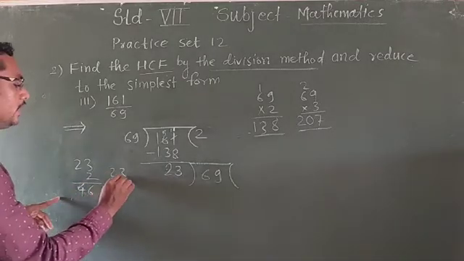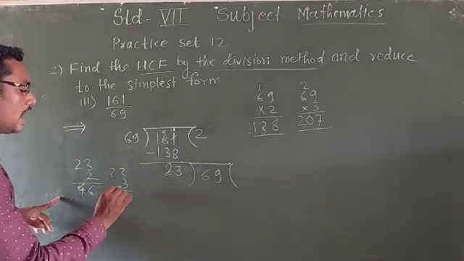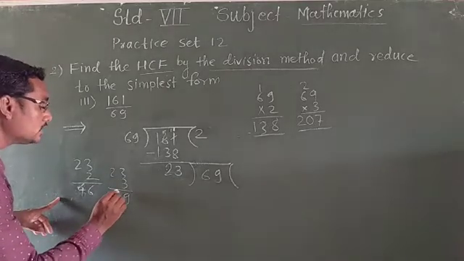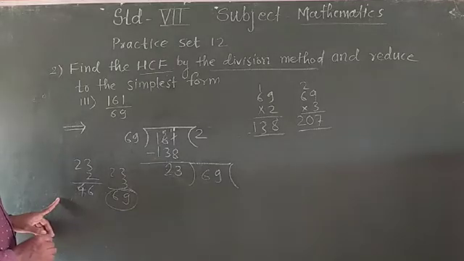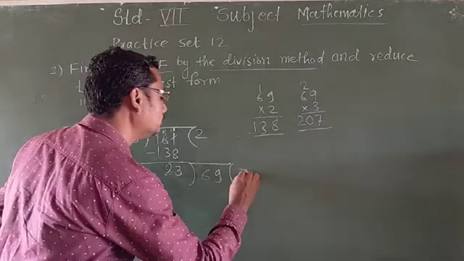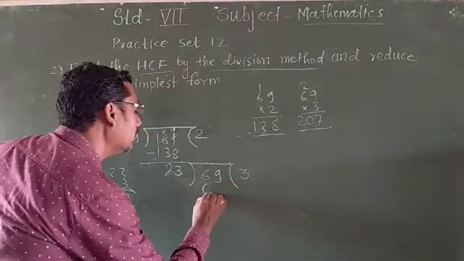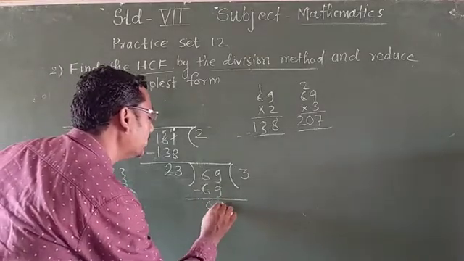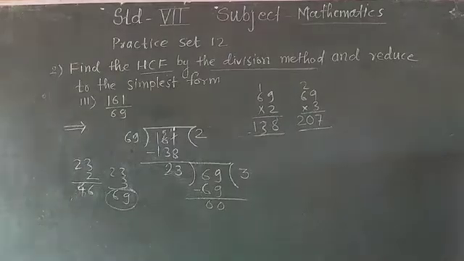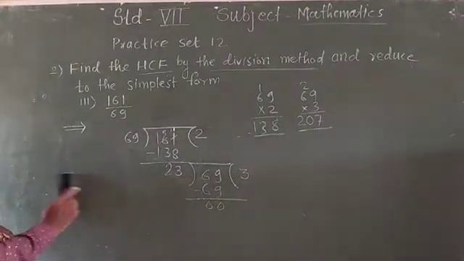Then 23 3s are 69, 3 3s are 9, 3 2s are 6. Okay, 69 we get. So 23 3s are 69. Now the remainder becomes 0.